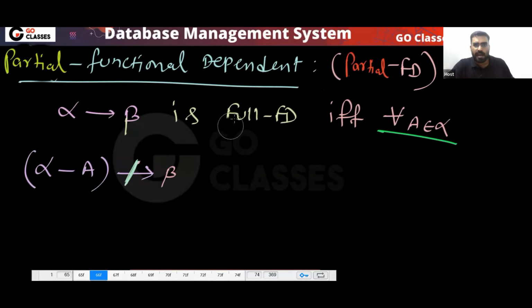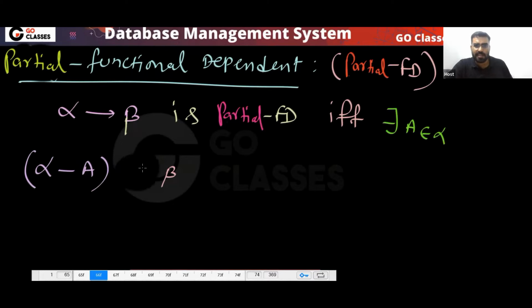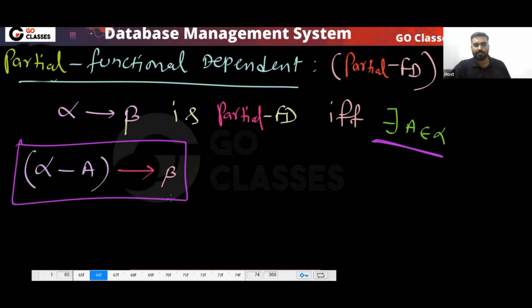What is that? I can say that this is partially dependent. I can say alpha is partially dependent on beta if there exists something you can remove from alpha, for some a you can remove, and you can still determine beta.